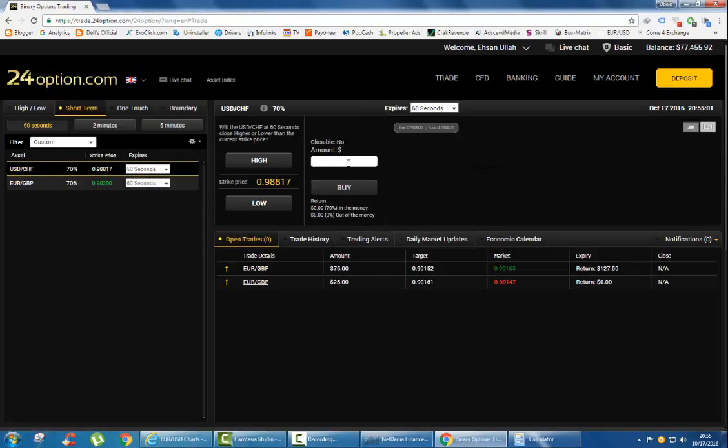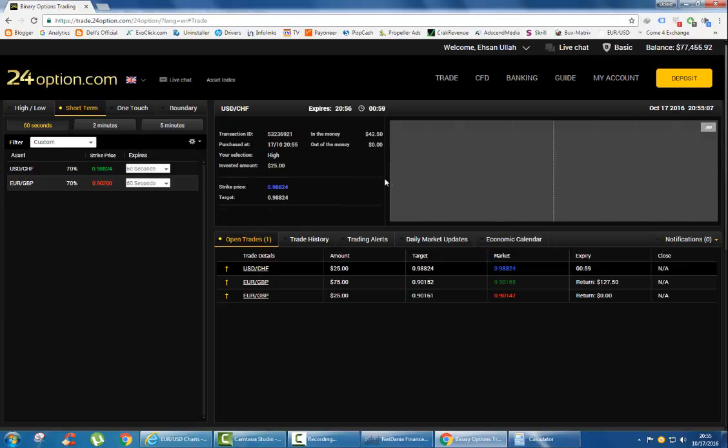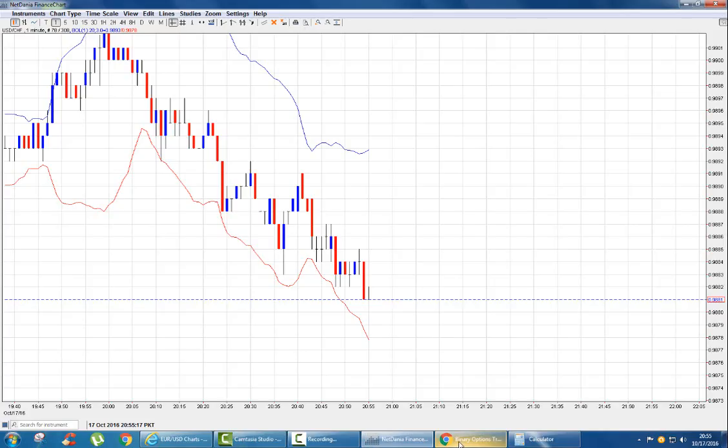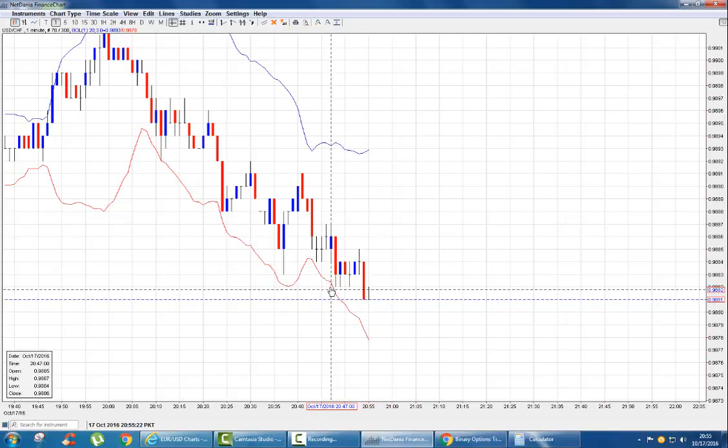Since we are entering the trade, the option is definitely a high option, or a call option, because we know these candles have been touching this line.